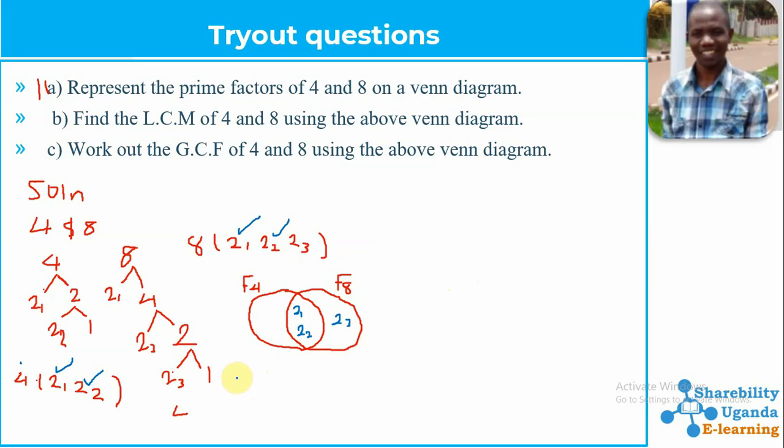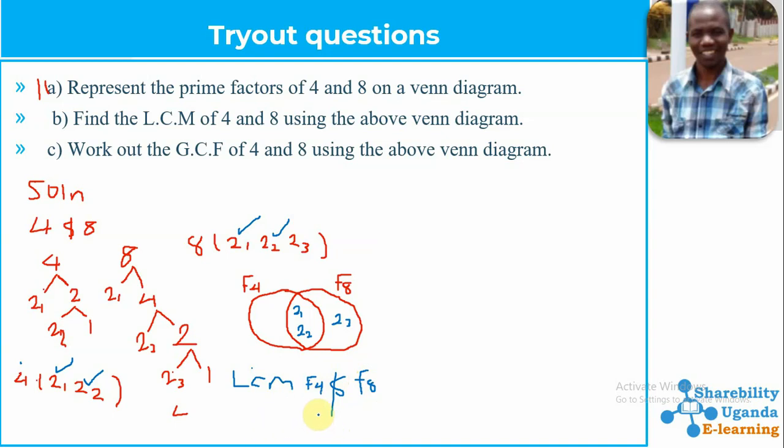So for us to be able to get the LCM of 4 and 8, we said to get the LCM of the prime factors of 4 and 8. Okay, this is 8.